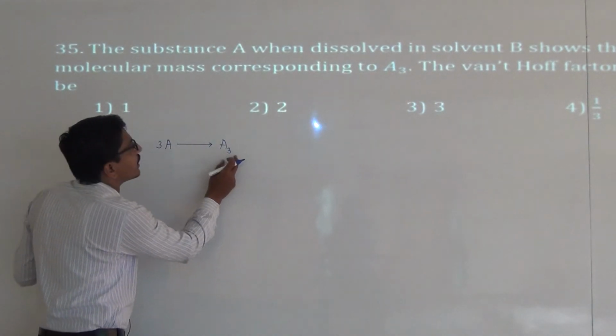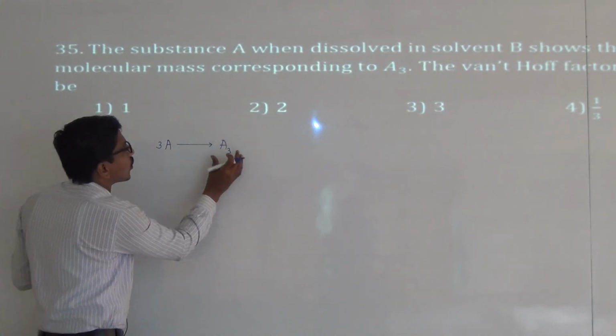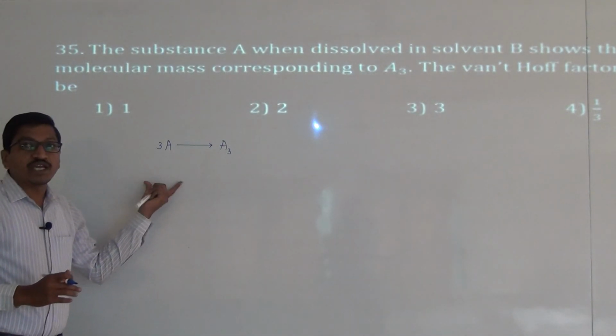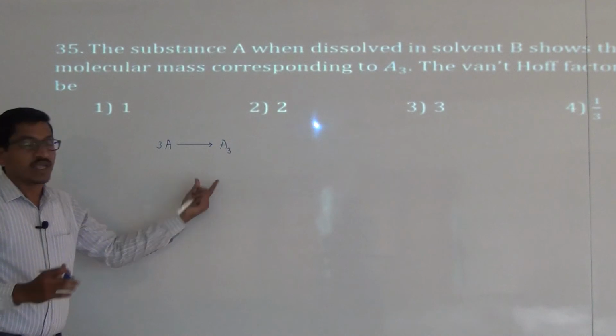Thus, 3 solute particles are associated to form a single entity, and A is converted into A3 and its molecular mass corresponds to A3, and the solute is associated in the solution.